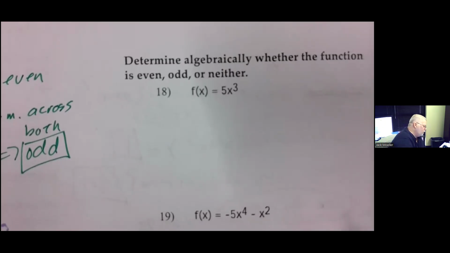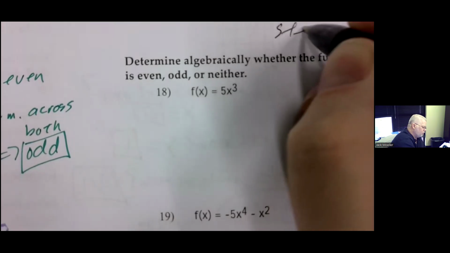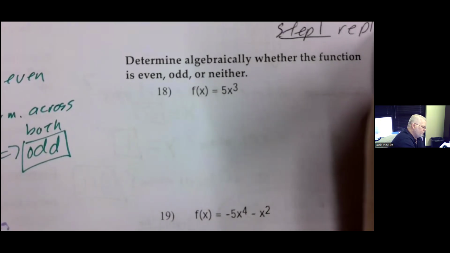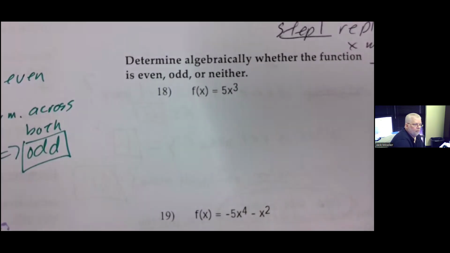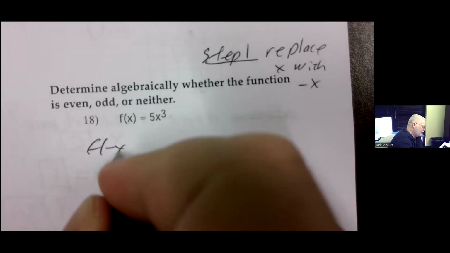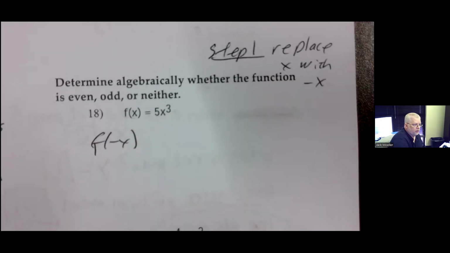So remember, when we are doing this algebraically, step one is always replace x with negative x. Then we're going to clean it up. So we're doing f of negative x. That's the function notation for that.